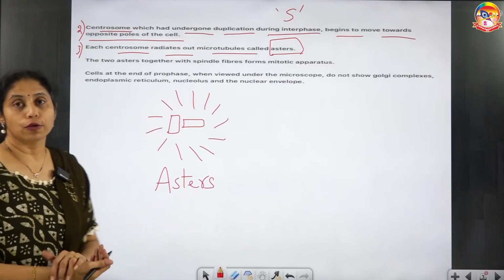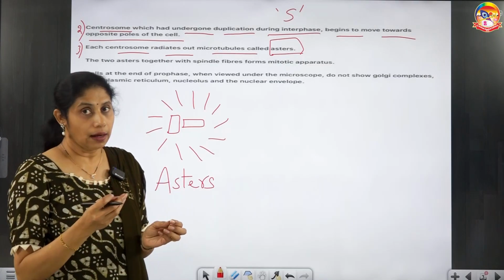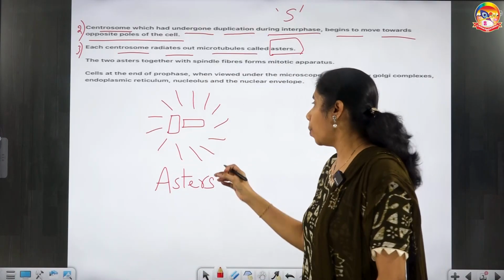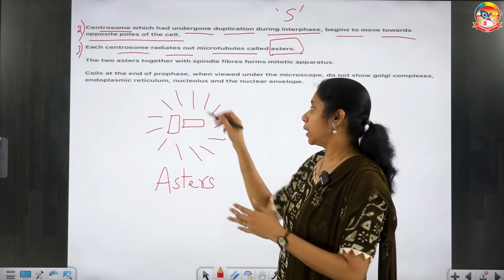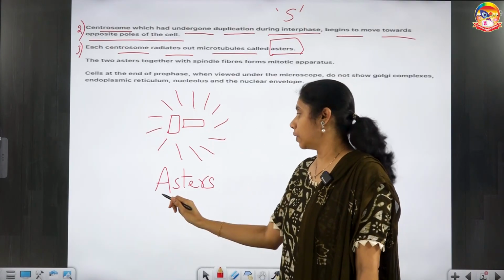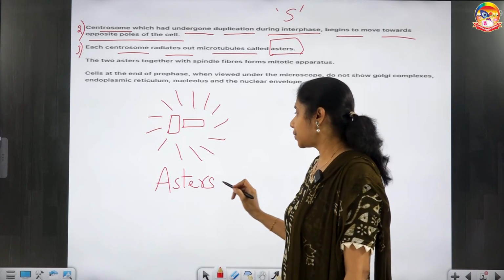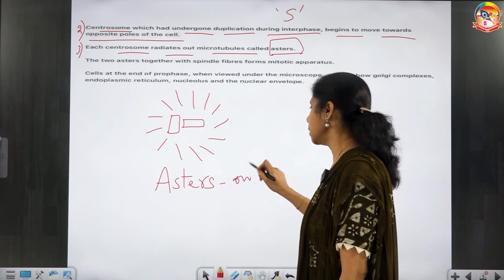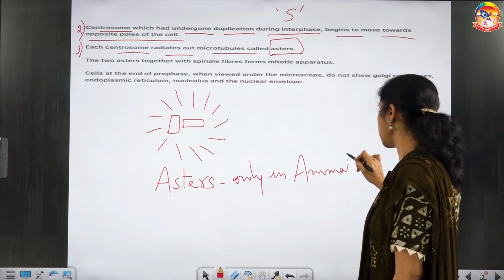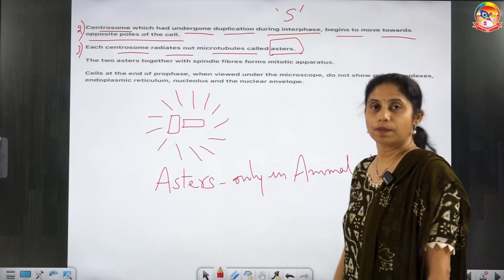The two centrosomes are in the cell, and the second centrosome moves towards the opposite pole, giving rise to microtubules. So two centrioles with their spindle fibers form the asters. These asters are seen only in animal cells. In plant cells, they are absent.